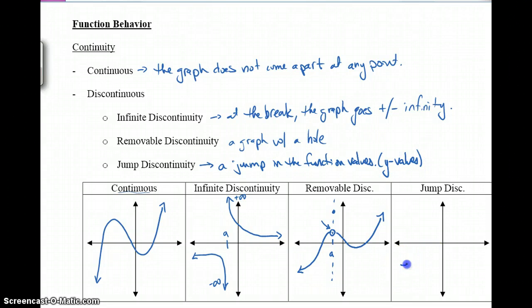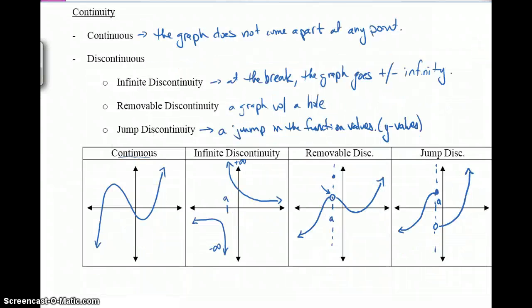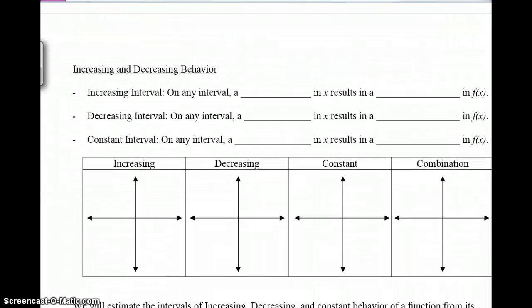So my graph will come along and it will stop, and it will jump either up or down and start again. And again at A, we have a discontinuity. It breaks. We have to pick up our pen and start again. Now it may be defined, it might have two open holes or one closed hole and one open hole, depending on the graph. So that's continuity and discontinuity.